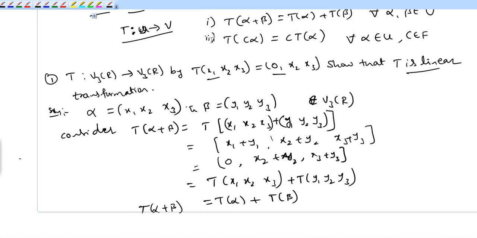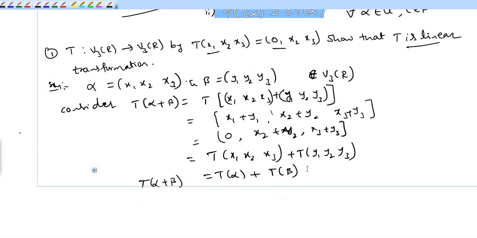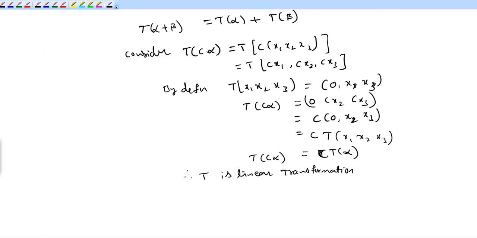Next we need to verify that T of C alpha is equal to C into T of alpha. Now we consider T of C alpha, which is equal to T of C of x1, x2, x3. If you multiply, we get Cx1, Cx2, Cx3, then T of that is equal to 0, Cx2, Cx3.